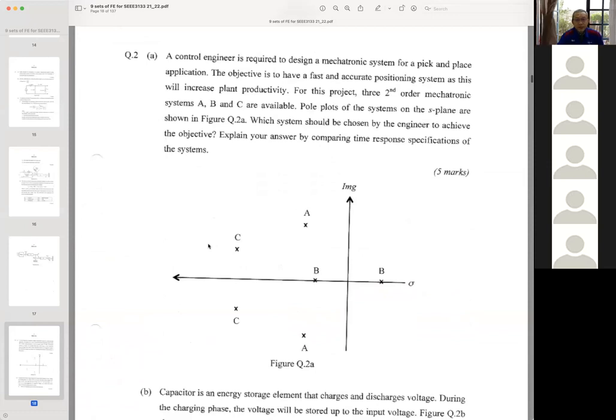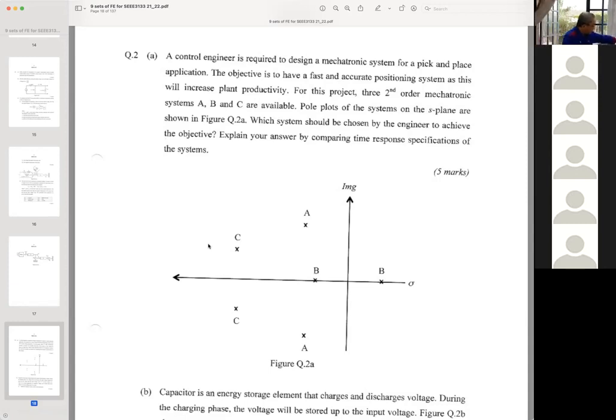Question number 2A. Angku Izzat, please read. The control engineer is required to design a mechatronic system for optic and press operation. The objective is to have a fast and accurate positioning system, as this will increase plant productivity.